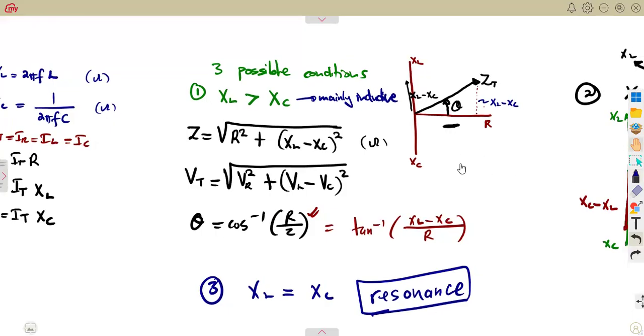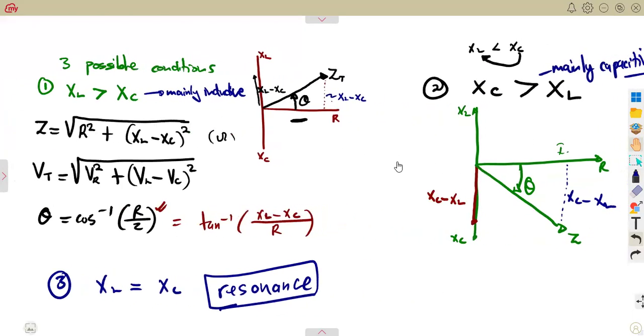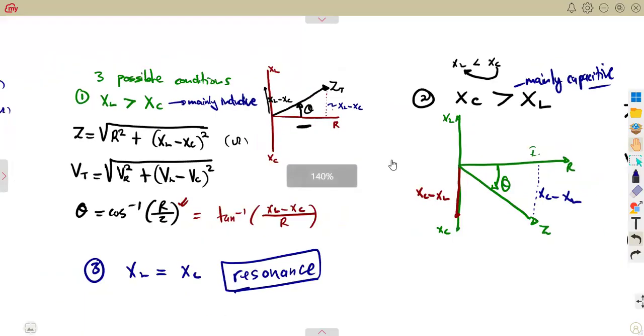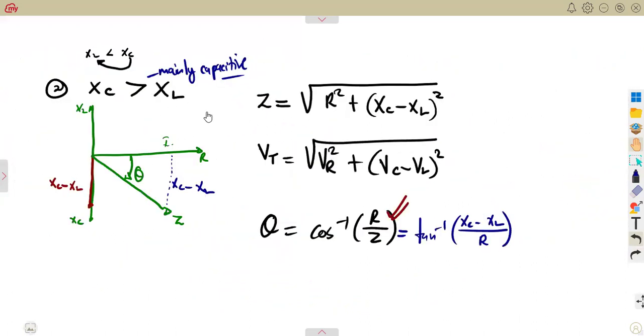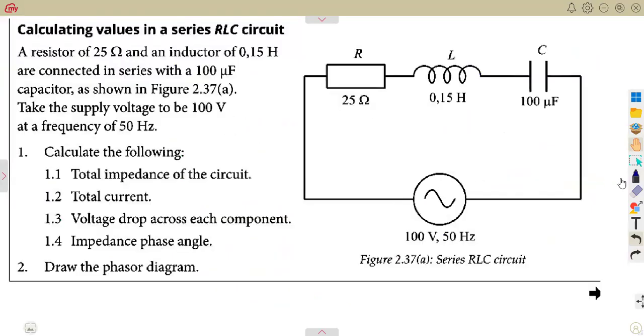So in this case, on the possible calculations, this is what you're supposed to expect: XL greater than XC or XC greater than XL. It is mainly inductive, in favor of what you had when you were drawing those inductive circuits when they were separate. That is what I'm simply trying to say. So you just have to check which one is bigger. Then you know, okay, it's more inductive or it's more capacitive.